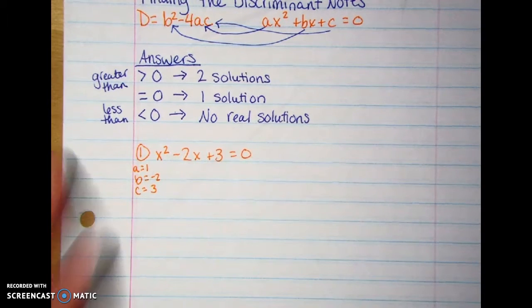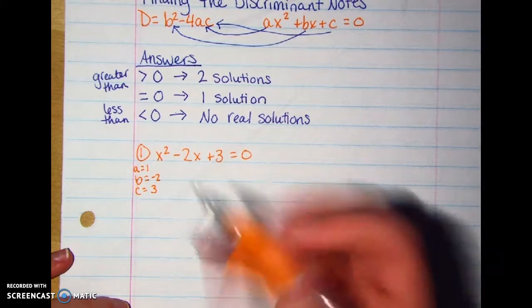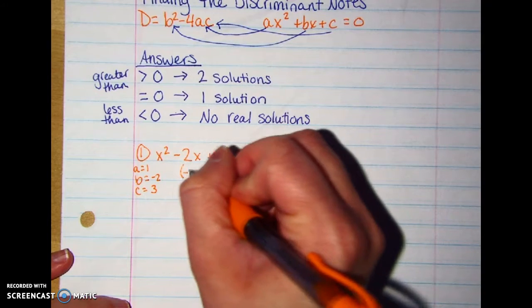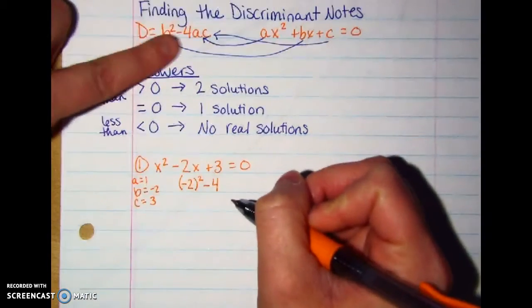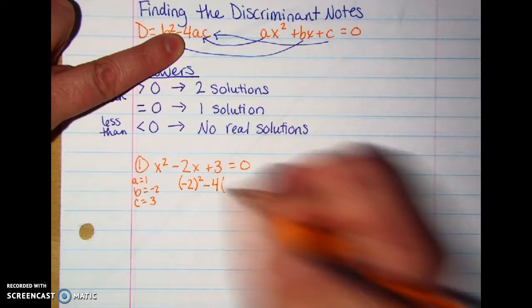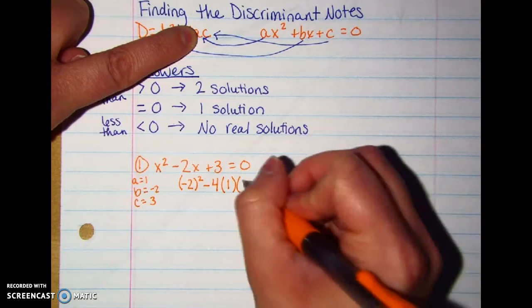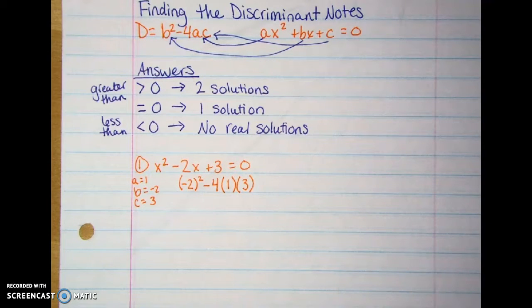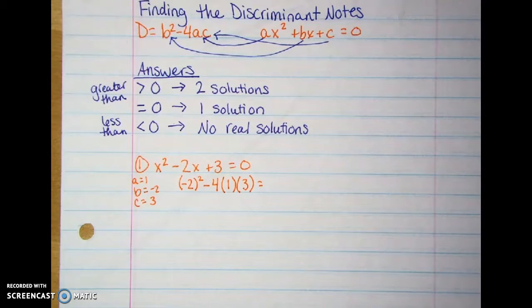I will not require you to do that, and I probably will just do it on this example and no more. So b squared means negative 2 squared, minus 4, the 4 comes from the formula, times a, which is 1, and c is 3. If you type that in just like that into your calculator, you should get the right answer.